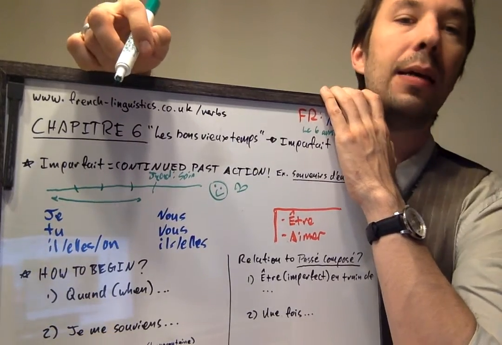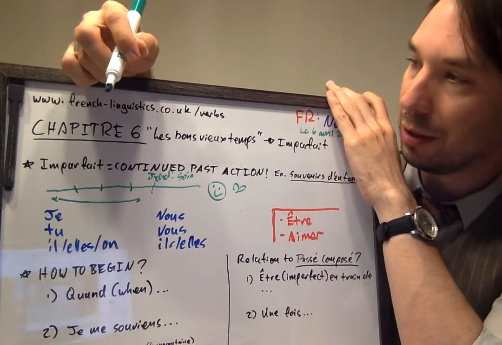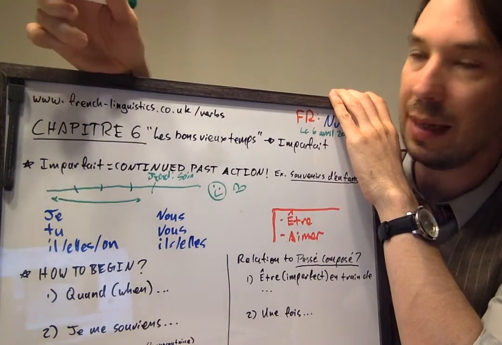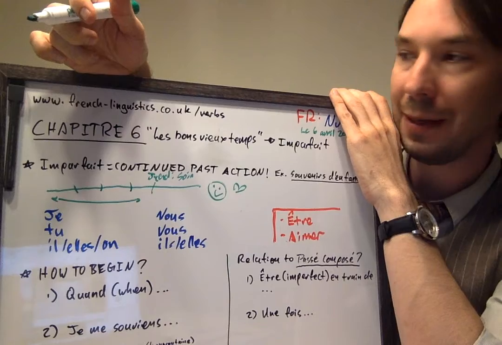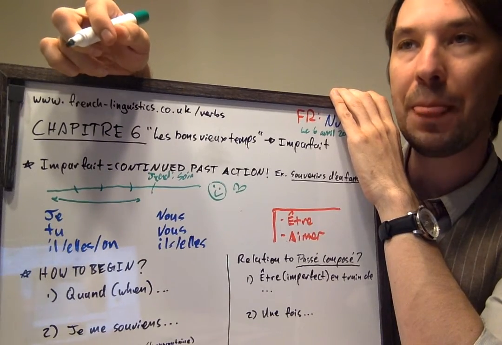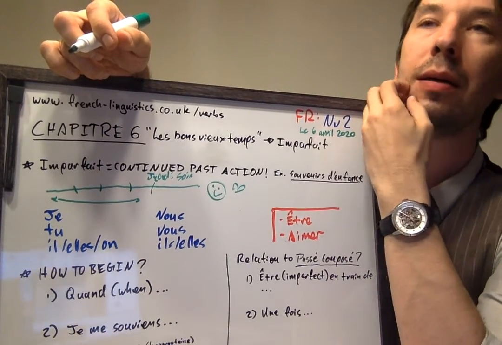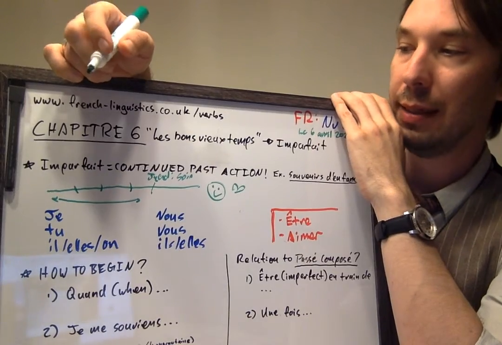Okay? And this past structure has a name. It's called imparfait. And in English, we have it too.